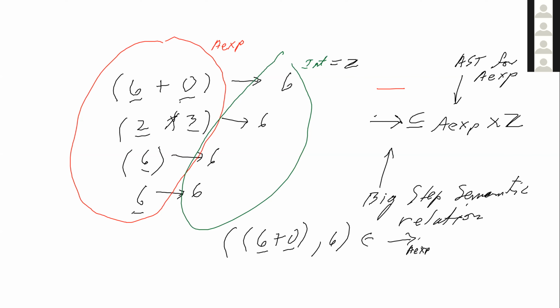So any questions? Let's see, is there a way to go back? New share. Well, you should try playing around a little bit and writing down some of these derivation trees.